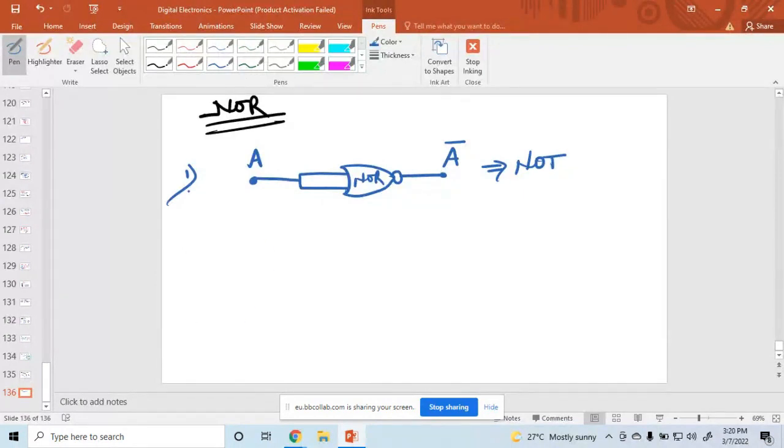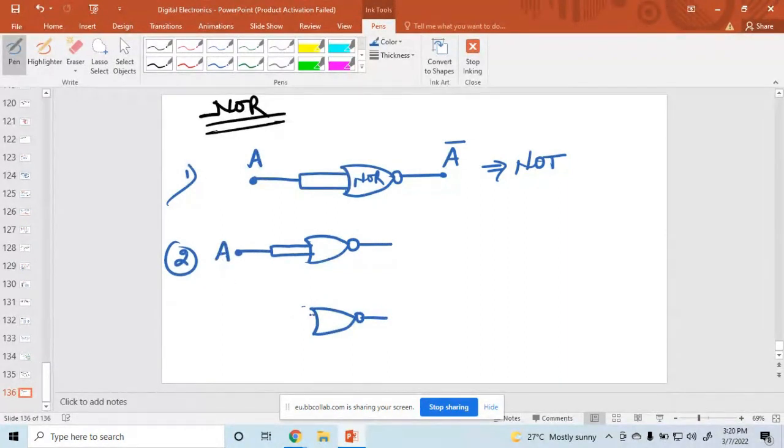And suppose you want to design some other logic gates, like AND or OR. How to design this one? Suppose I choose one NOR gate and another NOR gate, and these two inputs are shorted.